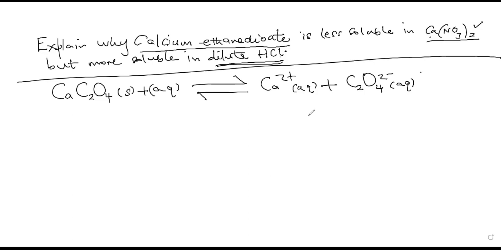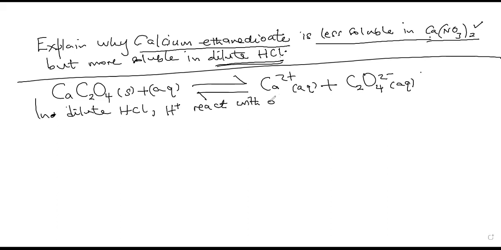Now, we are going to find that in presence of dilute HCl, the hydrogen ions of the acid react with oxalate ions to form oxalic acid.